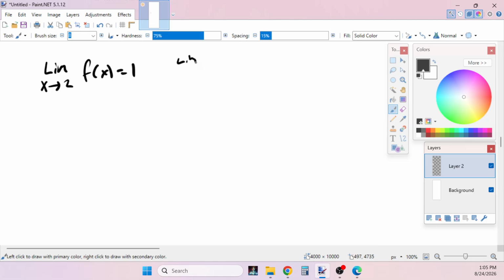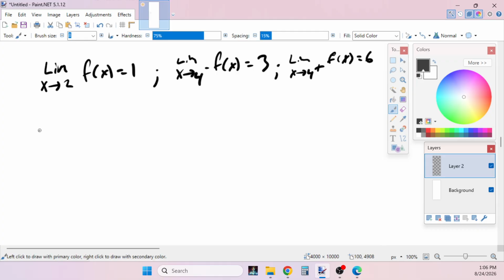The limit as x goes to 4 from the left of f of x is 3, and the limit as x goes to 4 from the right is 6. And the last property is f of 4 is undefined.